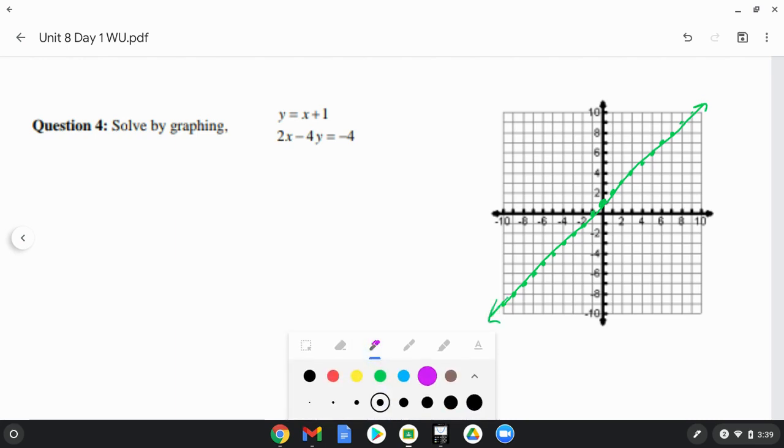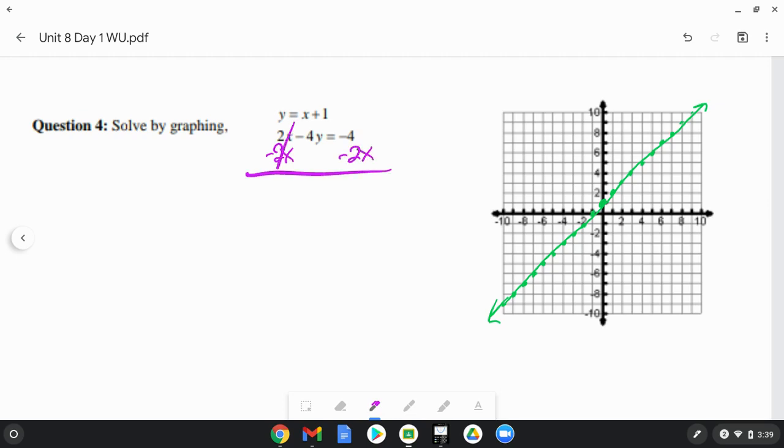The bottom one, I've got to solve for y, so you've got to subtract 2x. You get negative 4y equals negative 2x minus 4. And you divide by negative 4. You get y equals 1/2 x plus 1.